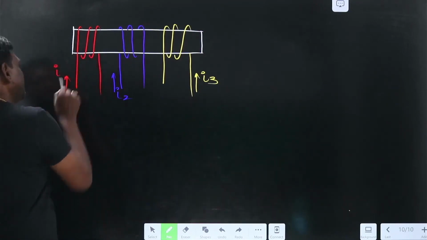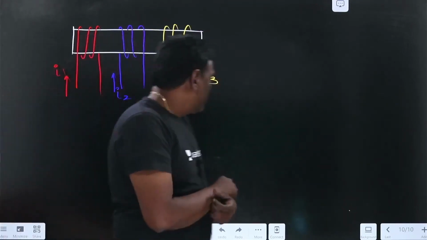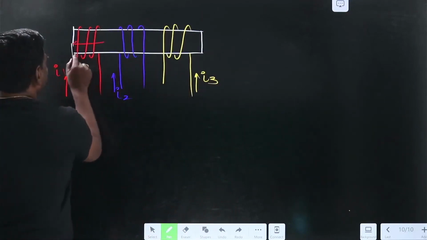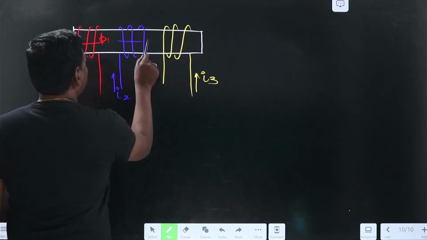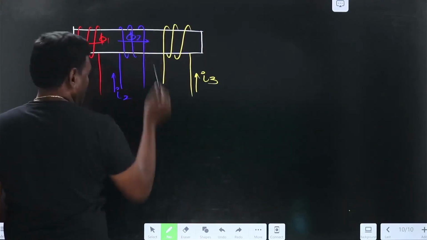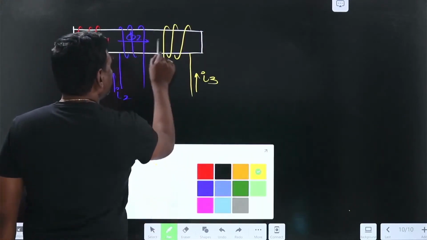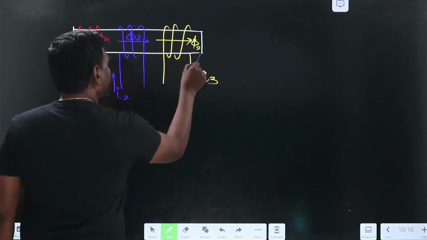Now we know that this flux is in this direction, phi 1, and this current is in this direction, phi 2, and this current is in this direction, phi 3.